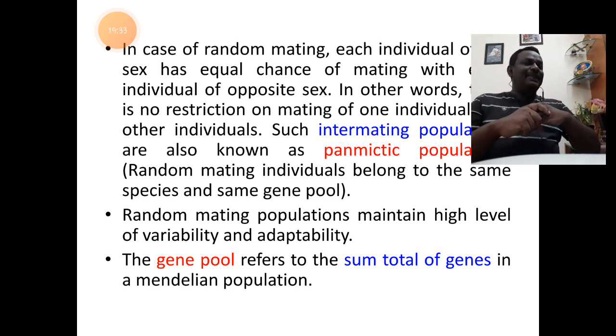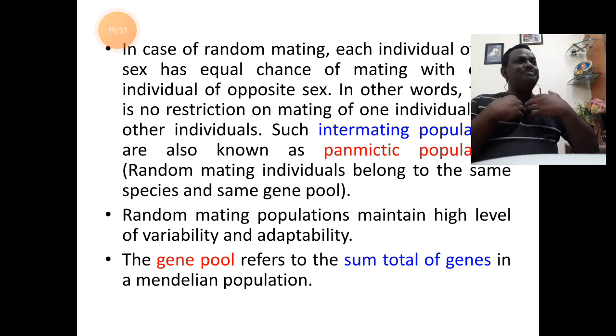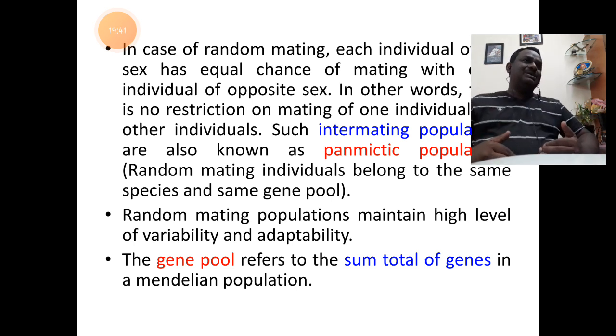So if those changes are accepted by nature or the environment, they are transmitted. Such changes we call genetic variations, and if these variations are selected by nature for the fittest individuals, then it is an advantage for organic evolution.